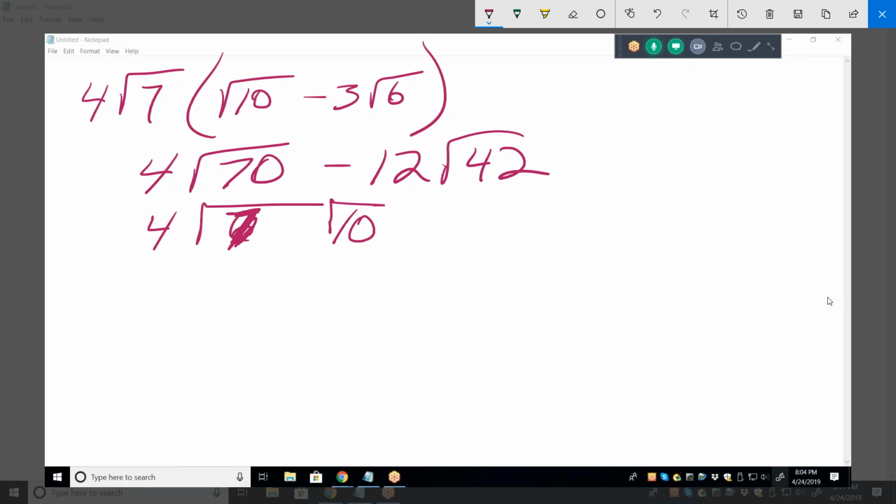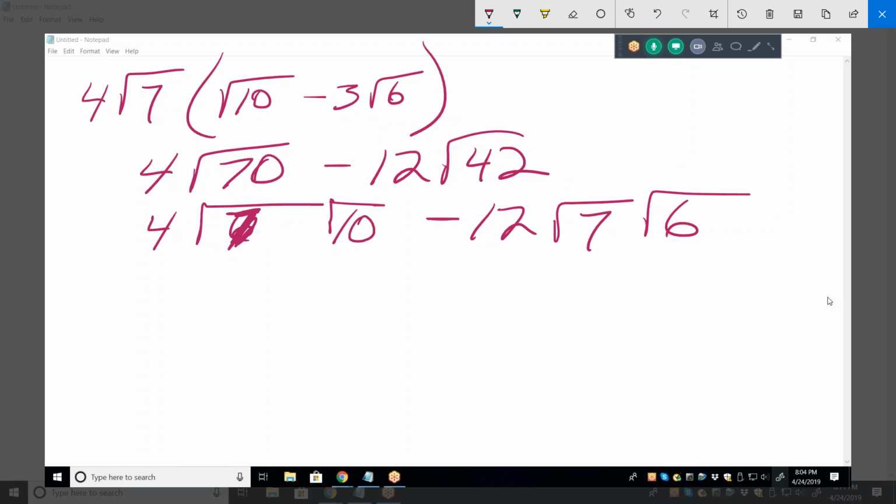Right? It is root 7 times root 10. And then what about the 42? I can't simplify that. There are no perfect square factors, but there is a root 7 in there. Times what? Root 6.